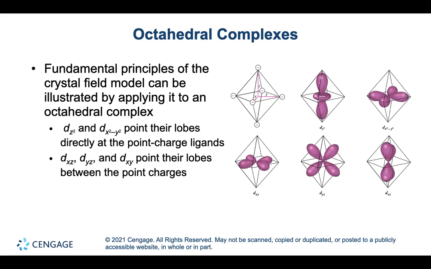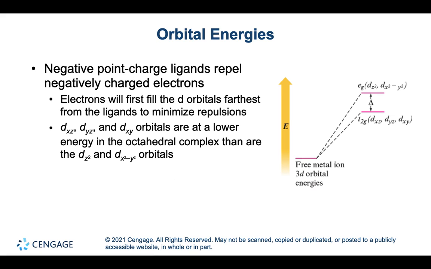So now, instead of all 5 d orbitals having identical energies, we see a splitting, we see a raising of the dz squared and the dx squared minus y squared. In comparison, we see an energy gap between that and the dxz, dyz, and dxy. All of them are going to be higher than the energy of the 3d orbital without the ligands, but we're going to see a larger increase in the energy of the ones with the squares on them.